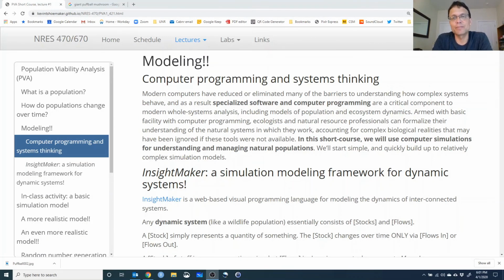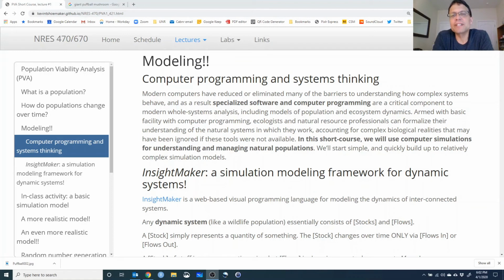Ecologists and conservation biologists have known for years how important models are to our discipline, to be able to ask what-if questions, to be able to do experiments on systems that just aren't amenable to experimentation.